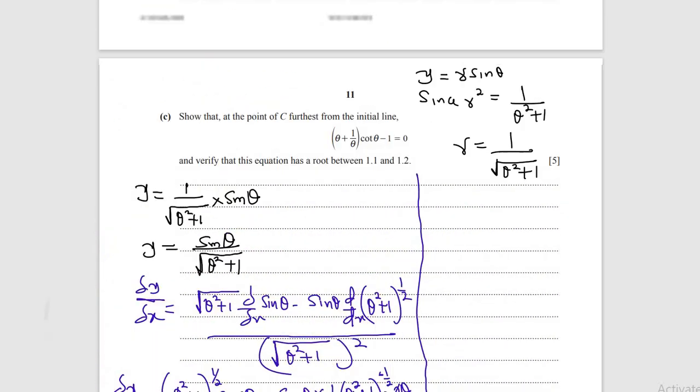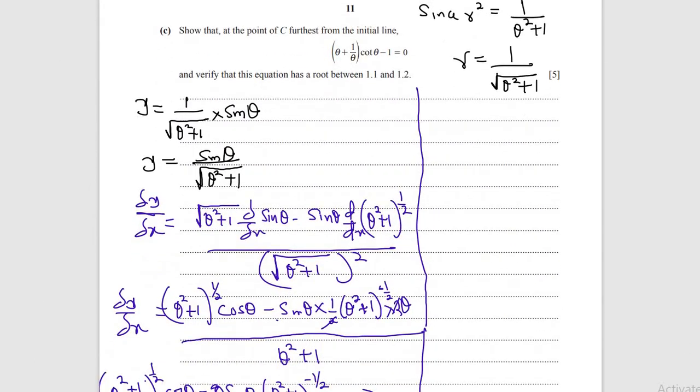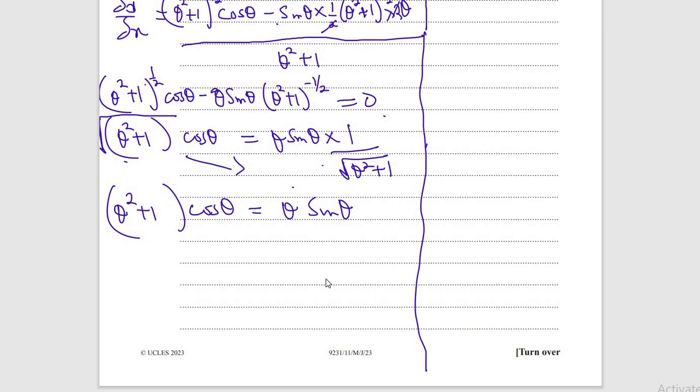Let me see what they ask us to prove. Cot theta minus 1. Cot should be cos over sine. So divide both sides by cos. I'll have theta squared plus 1 equal to theta.